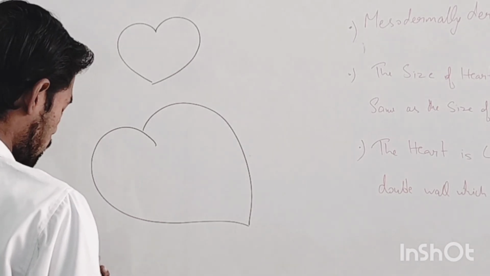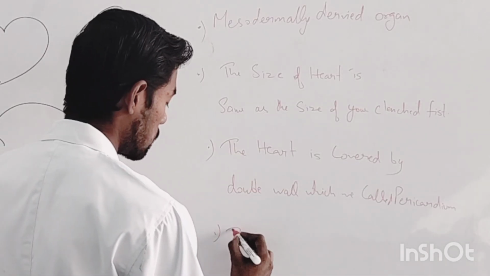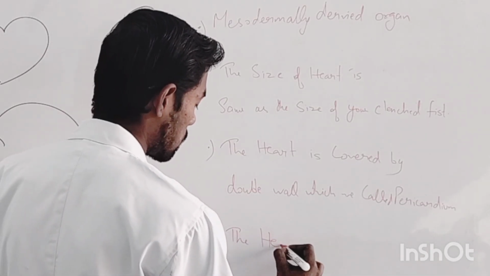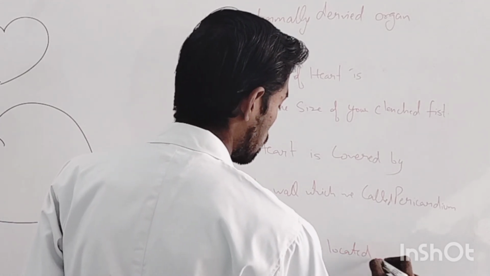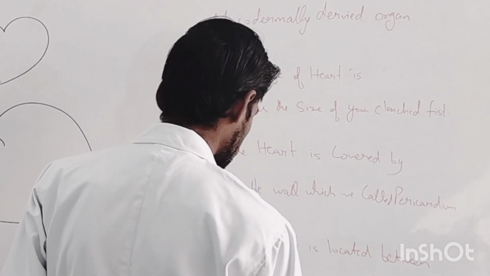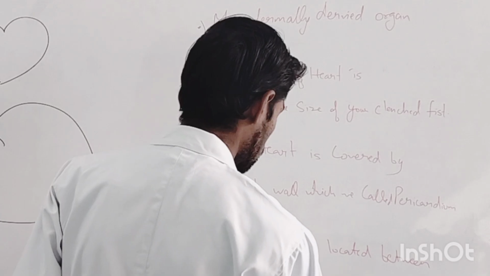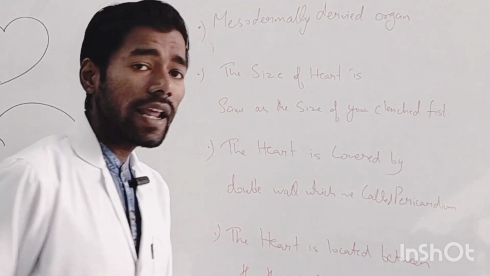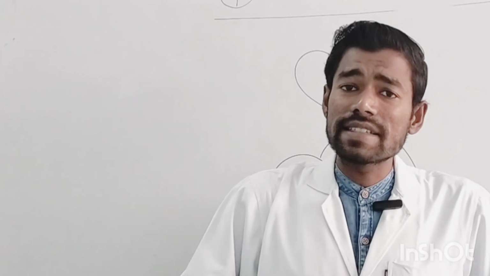Now, what is the thoracic cavity? The heart is located between the thoracic cavity. When I say the heart is located in the thoracic cavity, what do I exactly mean?